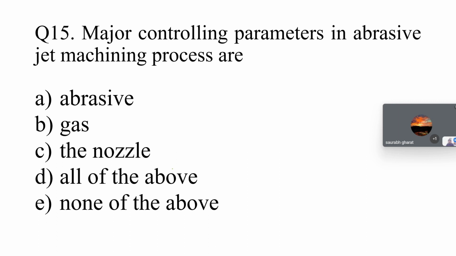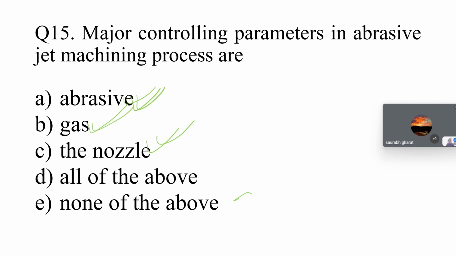It is a major control parameter. And the gas again matters because you are shooting it through gas only, and the nozzle again will matter. So the amount it will spread, the initial diameter it will have, those things are important here.